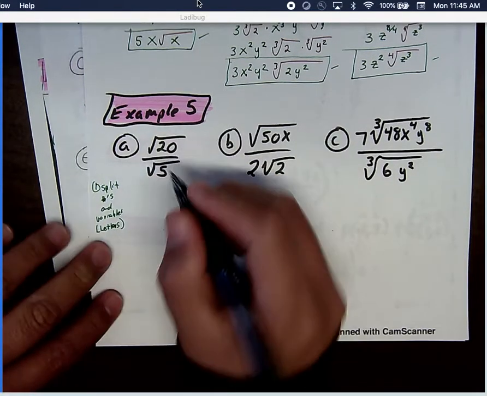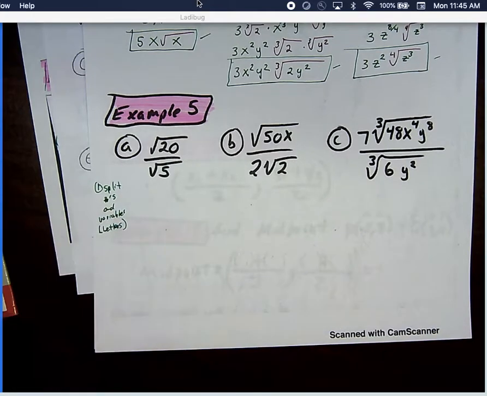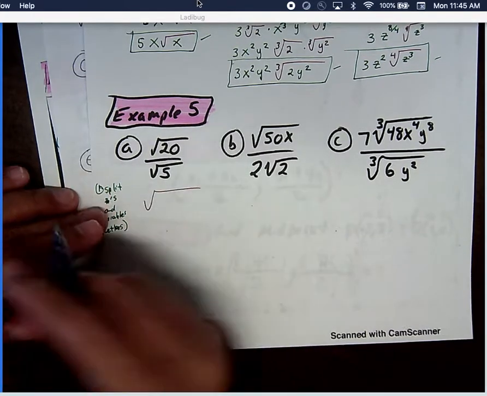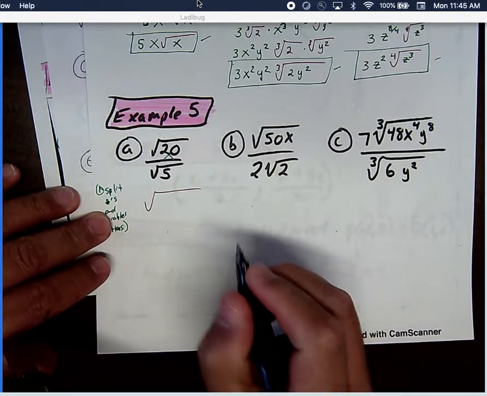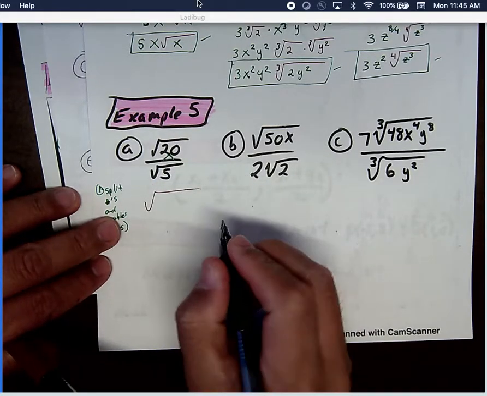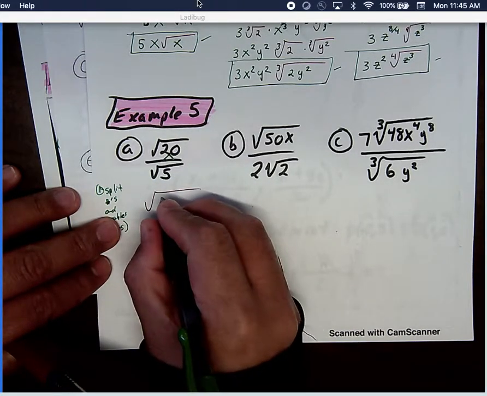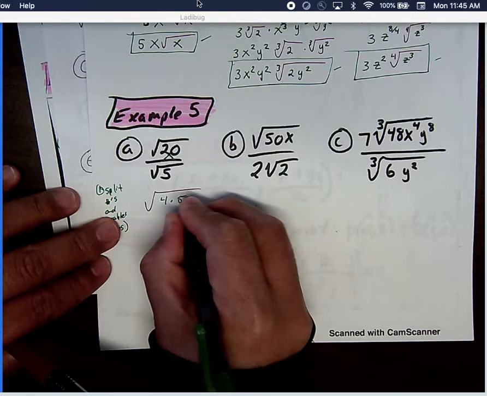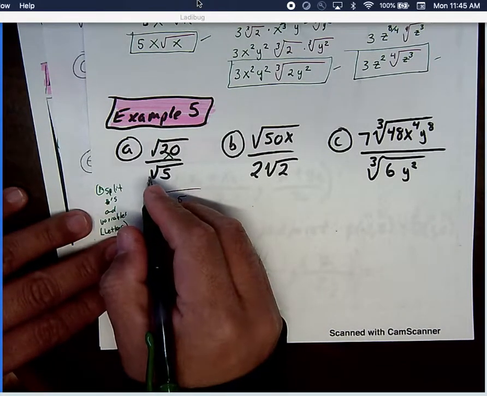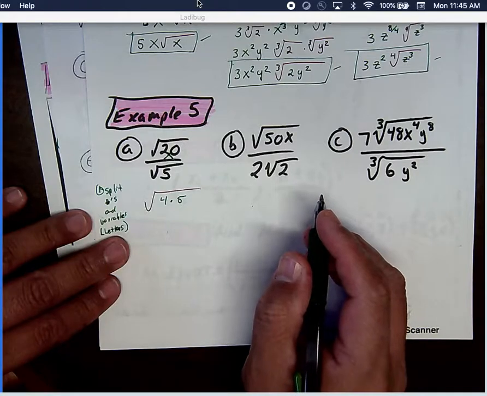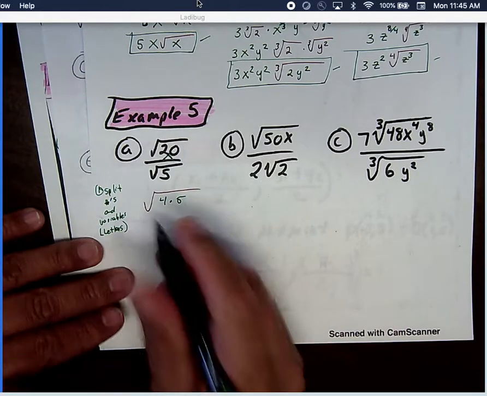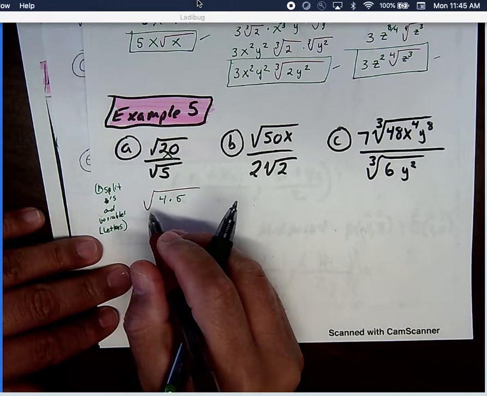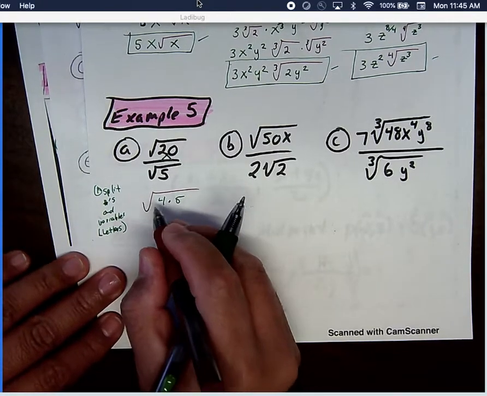So we're going to split this. We're splitting it into 4 times 5, which gives you 20. The 5 doesn't have something we can use, so we're just going to leave it alone for now.